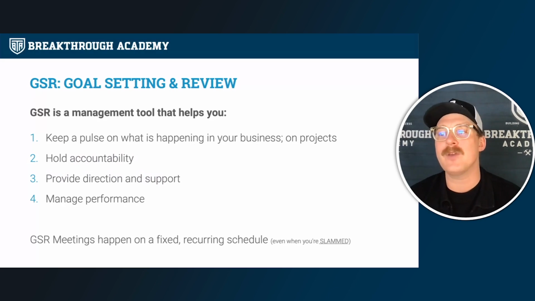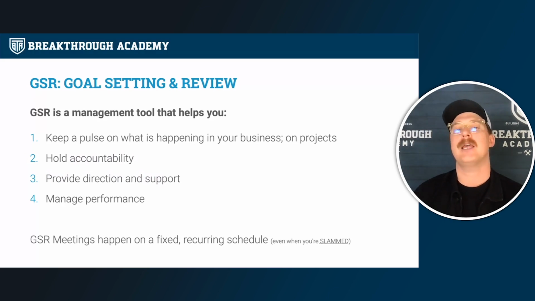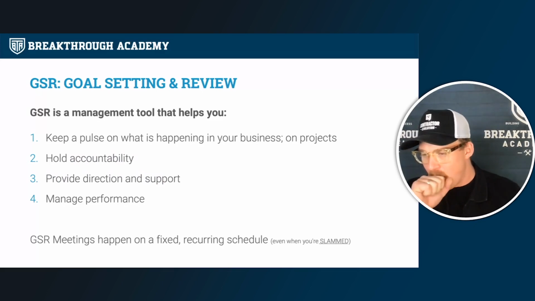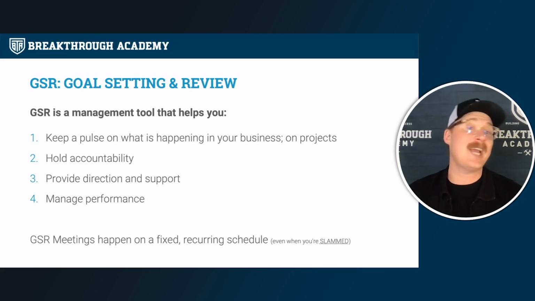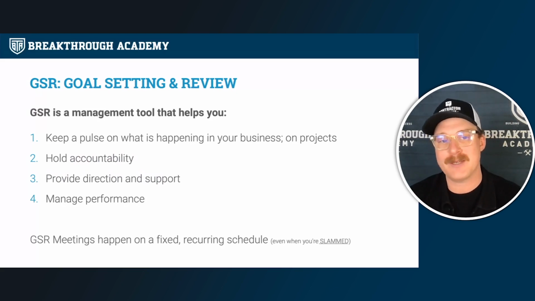So goal setting and review is a one-on-one meeting that you do with your direct reports. Now, we're talking about it today in the context of managing a project manager, but you would also do GSRs with your salespeople, with your office manager, perhaps with your financial controller, if you have the different roles in your business.